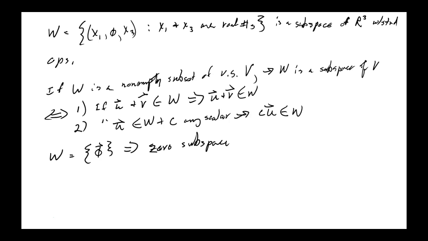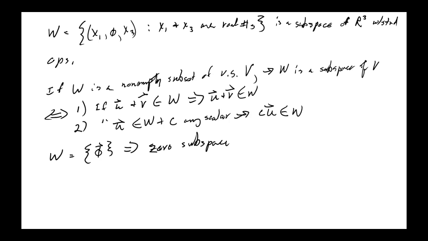The first: I'll list them as if they're vectors, but remember they could be matrices, functions, polynomials, almost anything. If these two elements are in W, then the sum of these two is also in W.